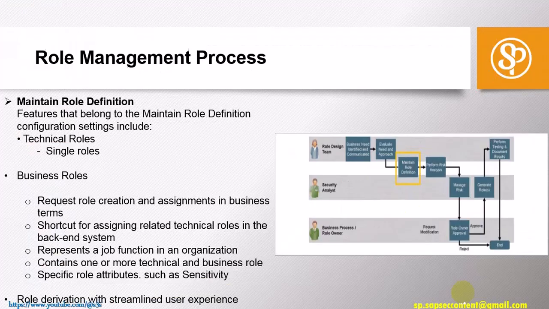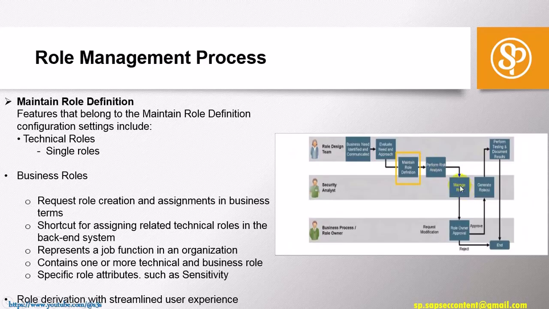normal role management process. Generally a role designer will develop the business document and make sure that the need and approach fulfill the requirement. Then he will reach out to the security team for the role definition, and if required perform risk analysis.